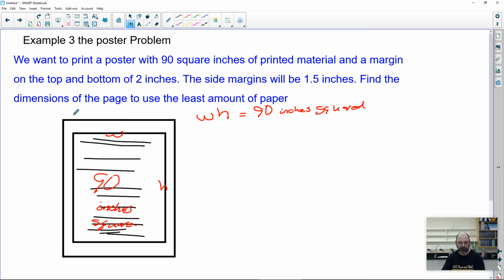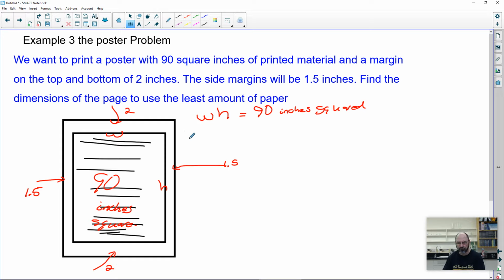But what we're trying to find here is the page. So if we know that this margin is 1.5 inches and that this margin is 1.5 inches and that this margin is 2 and that this margin is 2, we can then figure this out.